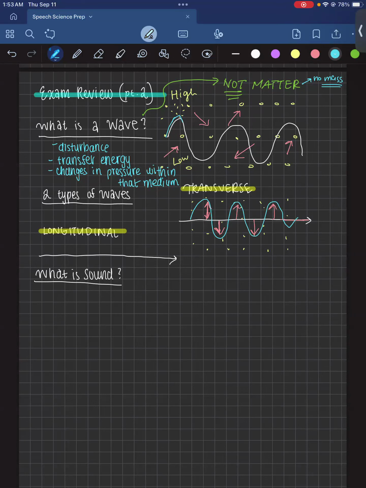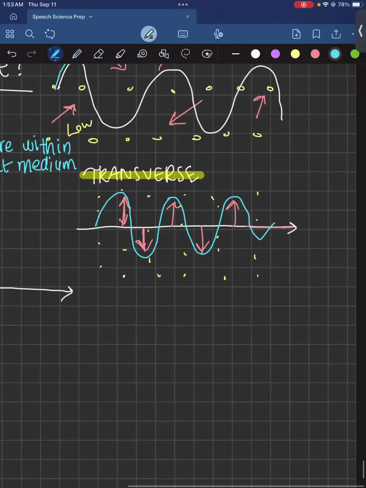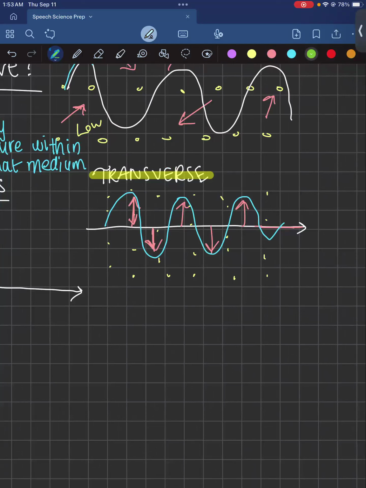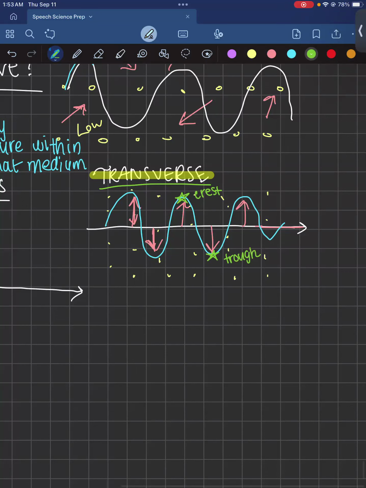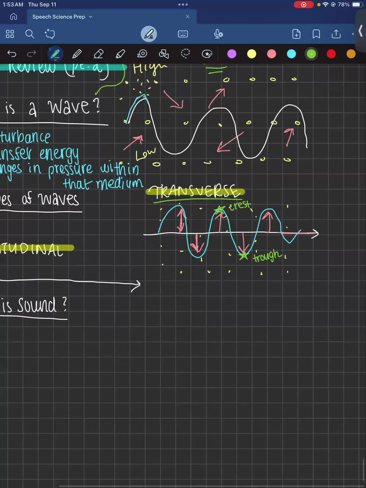So it looks kind of like that. And the peak of a transverse wave specifically will be called the crest, and that bottom lowest part will be called the trough. Okay, so the main thing to note is that this is a perpendicular movement of the particles.